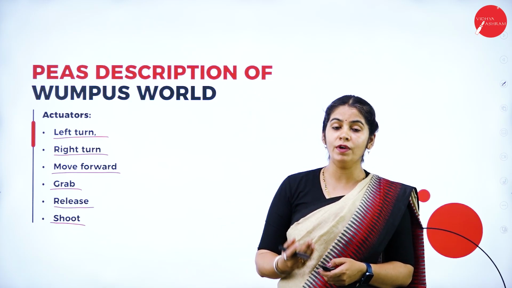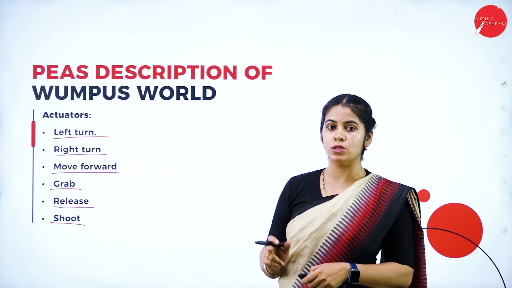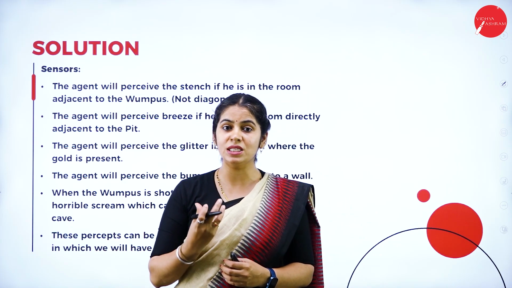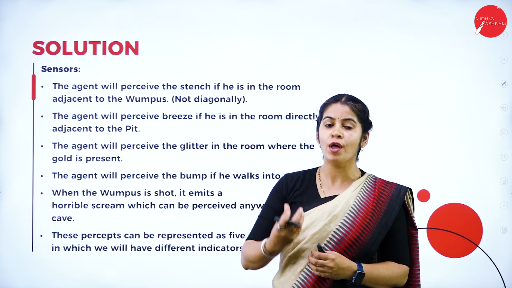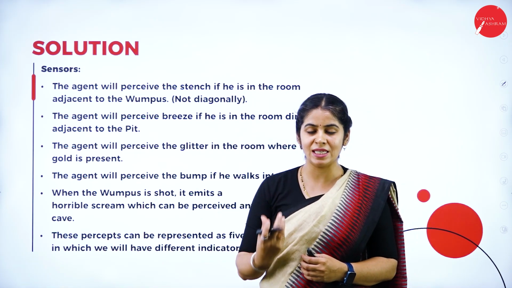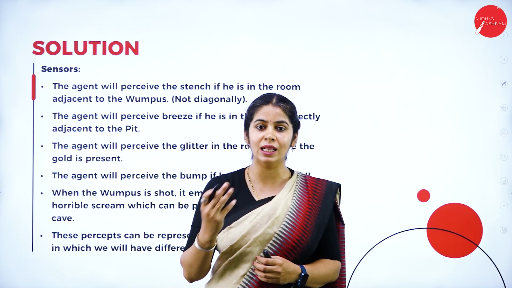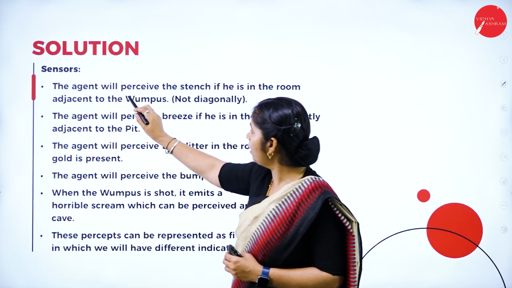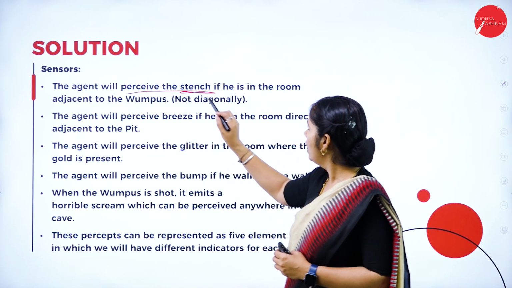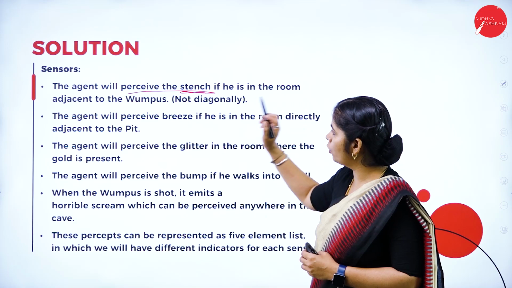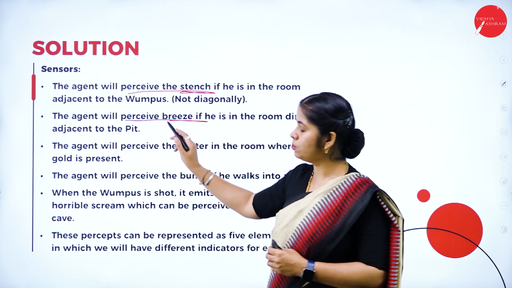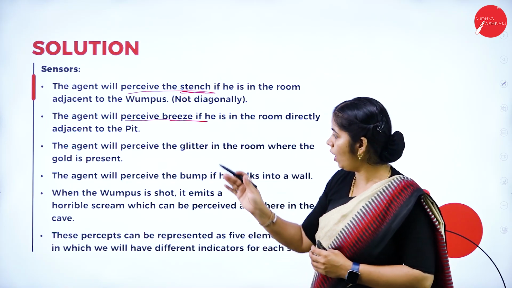Now, the sensors. What sensors can the agent have? He can sense smell, right? The smell of breeze, the smell of stench, and he can see the glitter in the room. The agent can perceive the stench if he is in a room adjacent to the Wumpus, and the breeze if he is in a room adjacent to a pit.